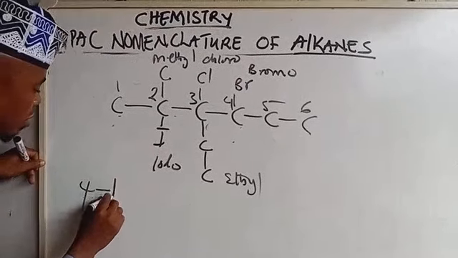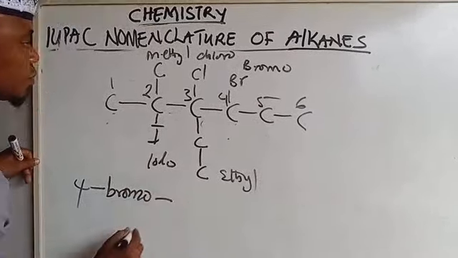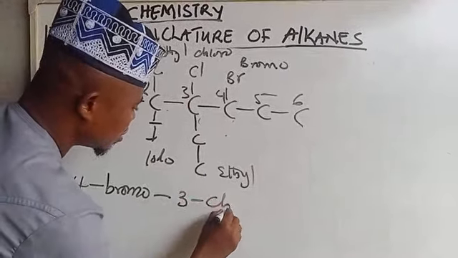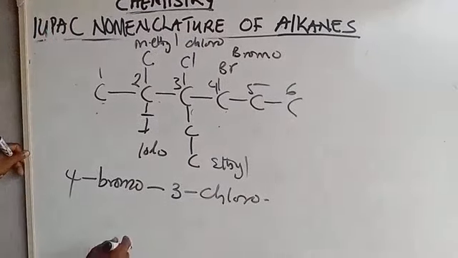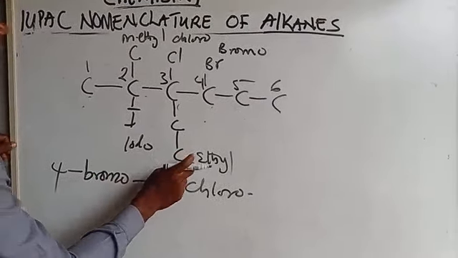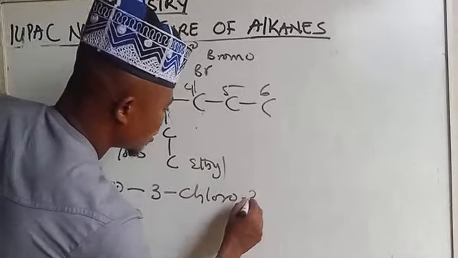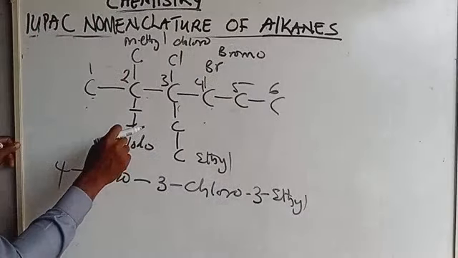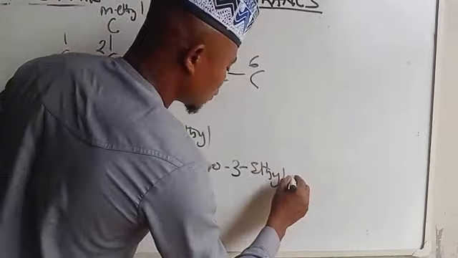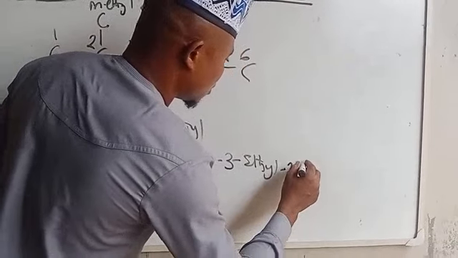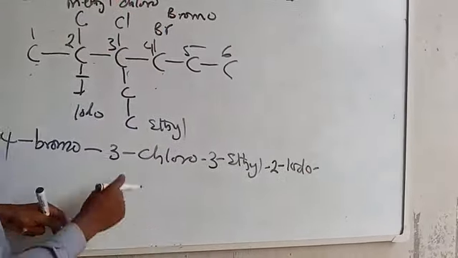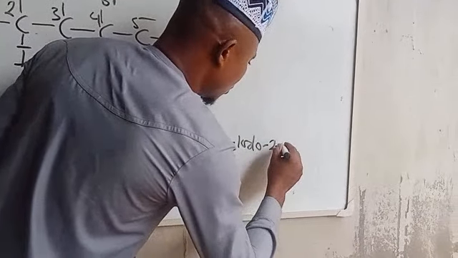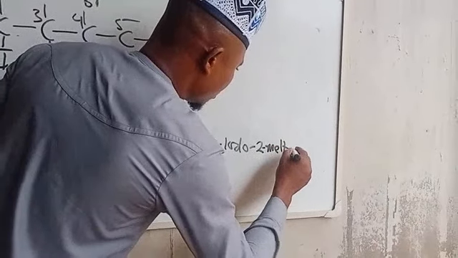So it's going to be 4-bromo, followed by C, which is on carbon 3. 3-chloro, followed by E, that is on carbon 3 too. 3-ethyl, followed by I, that is on carbon 2. 2-iodo, followed by the methyl group on carbon 2. 2-methyl.